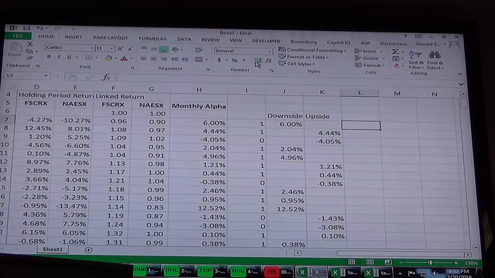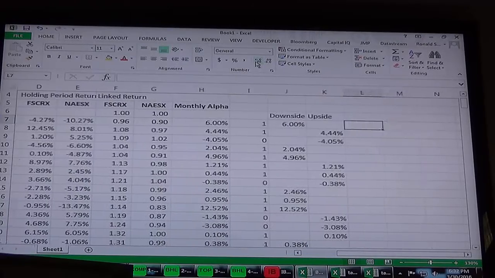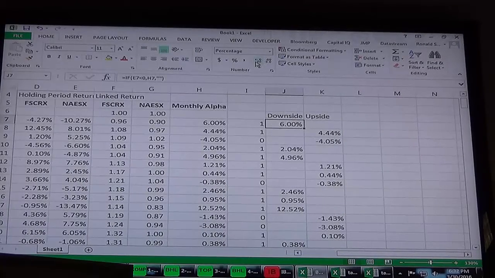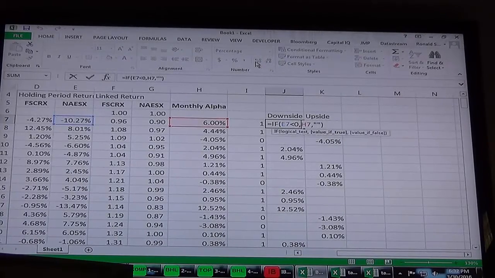What we actually need, actually I'm going to change this, and I'm going to do their return. If the market's up, I'm going to get their return in there, which in this case is D7.